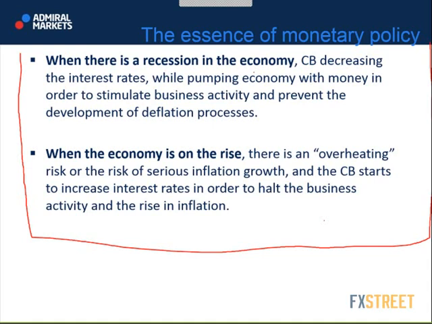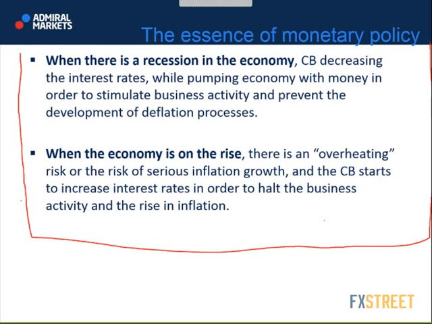So when there is a recession in the economy, when things are not going fine with the economy, that is when central banks are decreasing the interest rates. And in the meantime, they are pumping the economy with money in order to stimulate business activity and prevent the development of a deflation process.